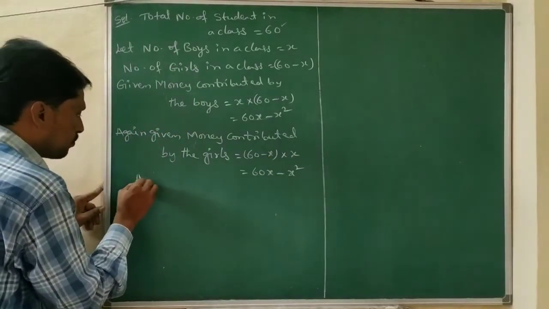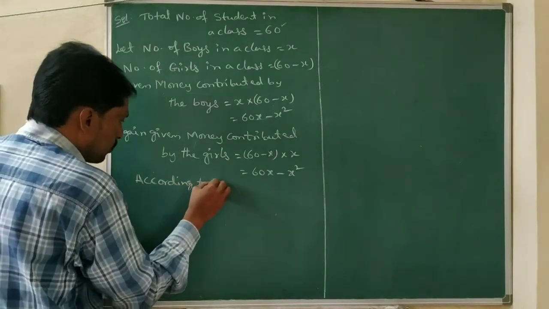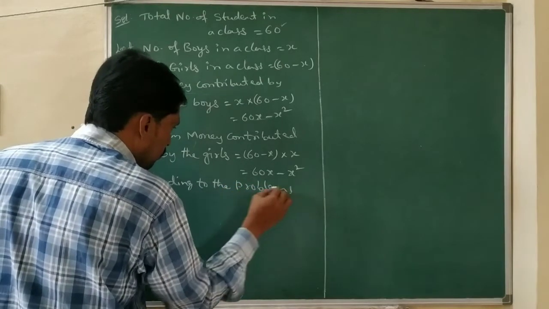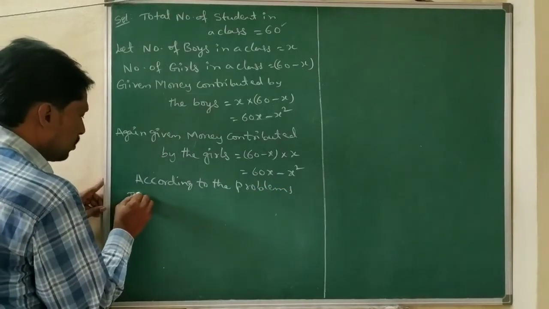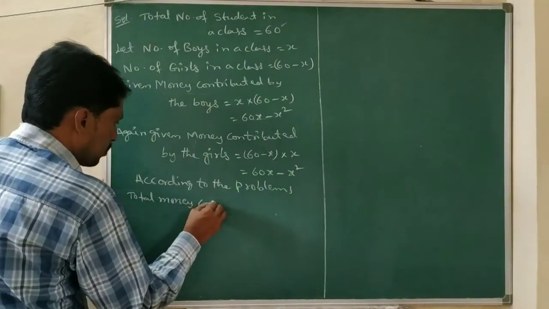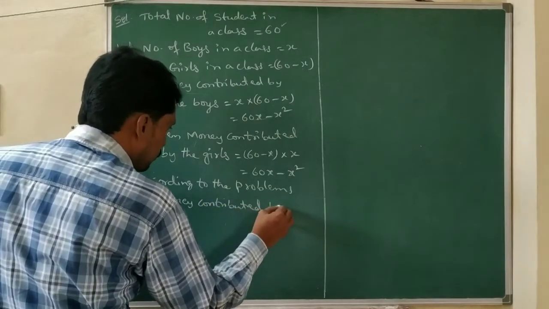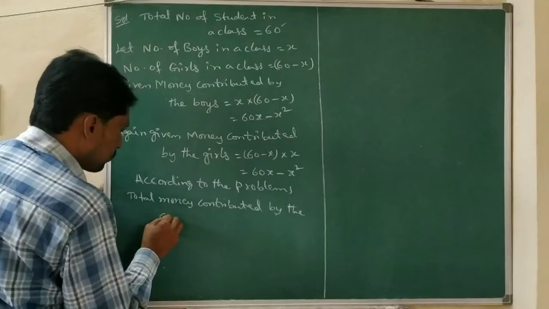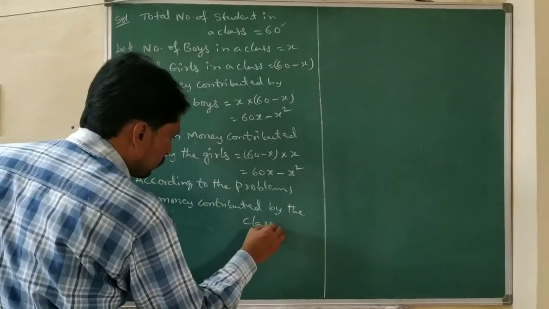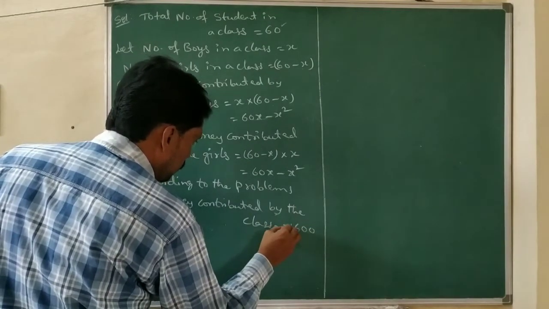According to the problem, total money contributed by the class, here I am writing by the class, equals 1600 rupees.